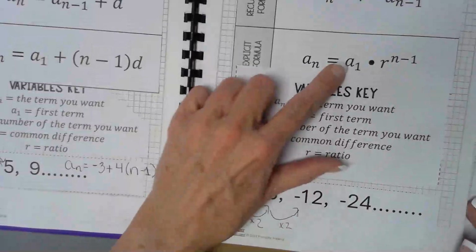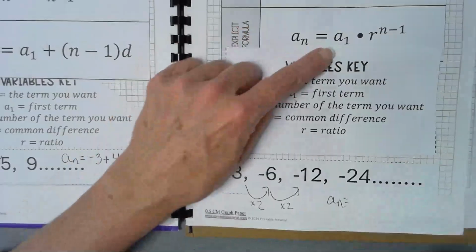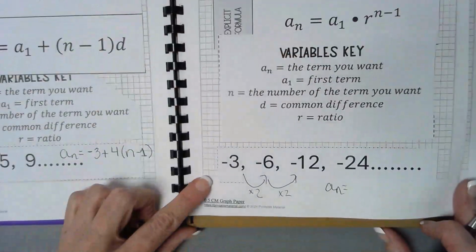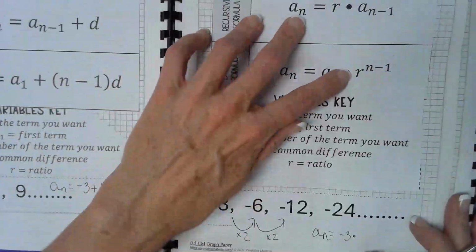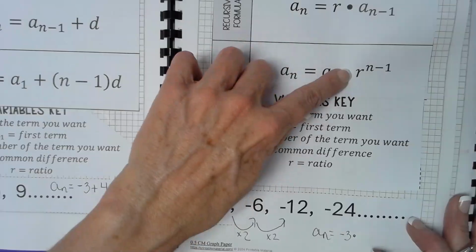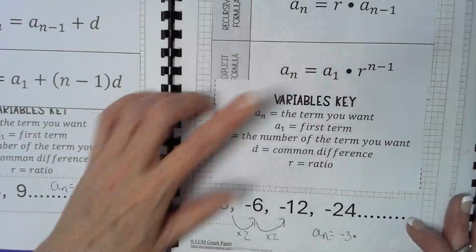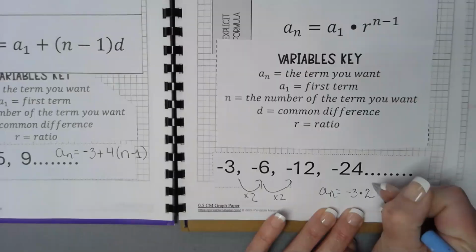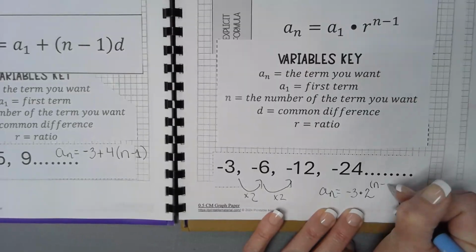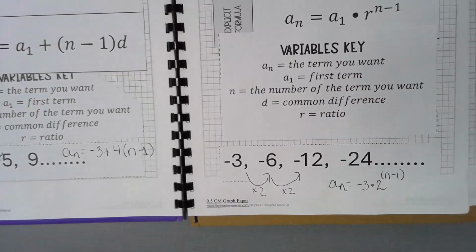So first term, so let's write this equation. A sub n equals, first term is negative 3 times your common ratio, which is your pattern. What's my pattern? Raised to the n minus 1. And y'all, I put n minus 1 in parentheses. It's going to be important.